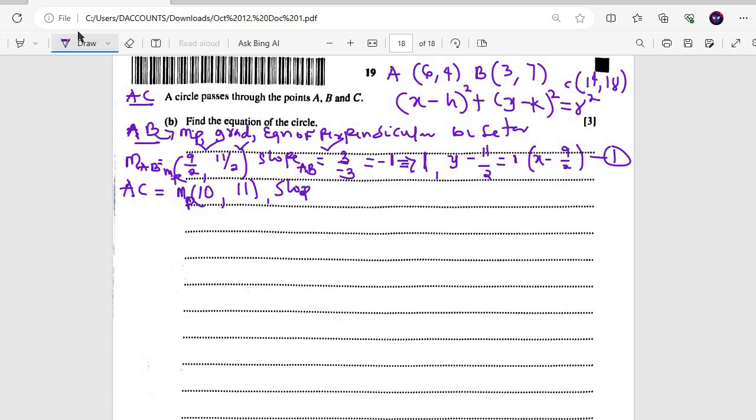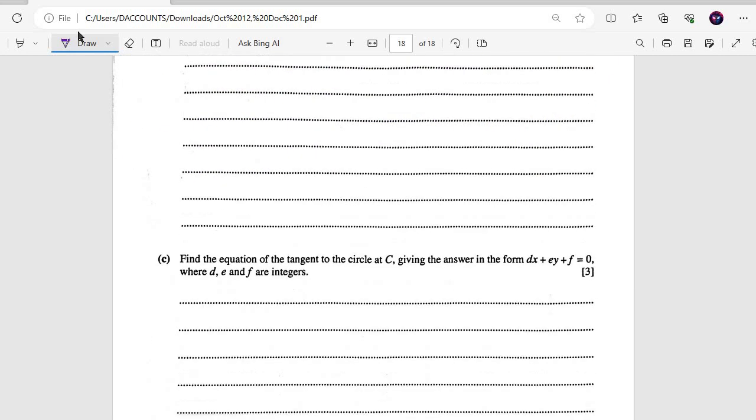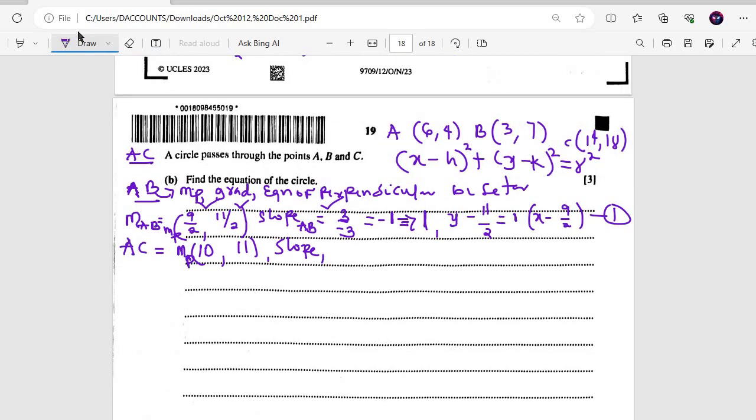Then the next one, the slope for AC. Slope for AC is going to give us y2 minus y1 over x2 minus x1. 18 minus 4 is 14, and 14 minus 6 is 8.